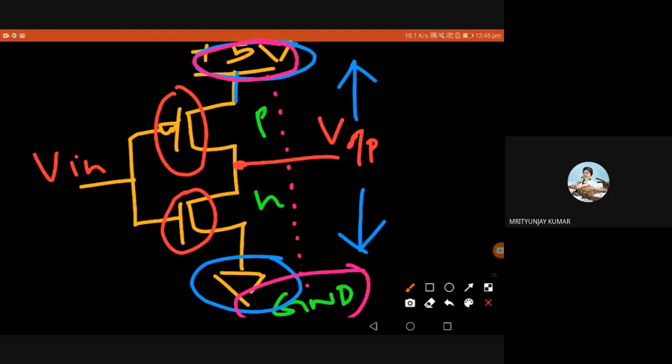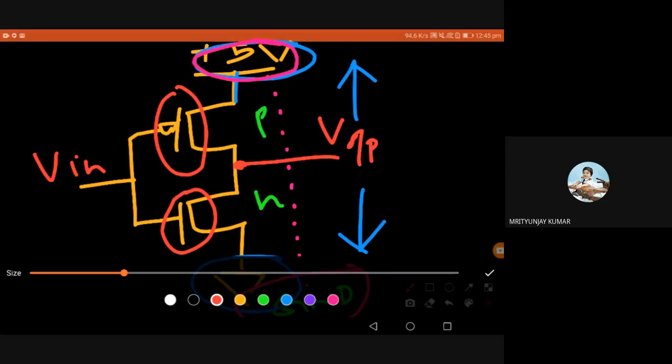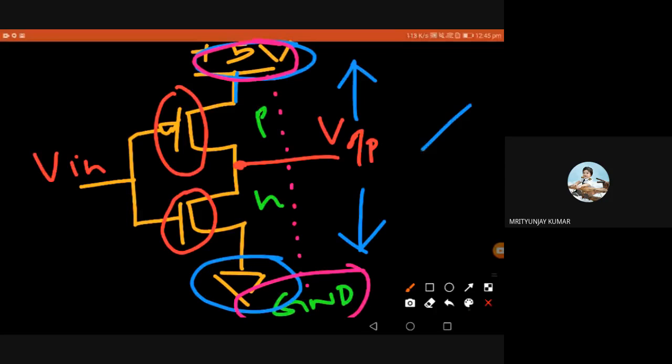That is called open circuit, which means there is no current flow between the control terminal and the other two terminals of any NMOS or PMOS. There is only voltage, so it's called a voltage control device. Whereas in a BJT structure, there is no open circuit. There is always a connection between the base and the other two terminals, so it is called a current control device. We'll discuss this later, but just understand this.